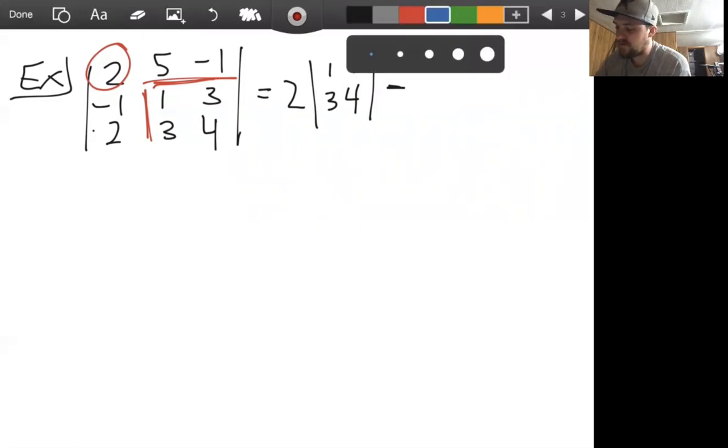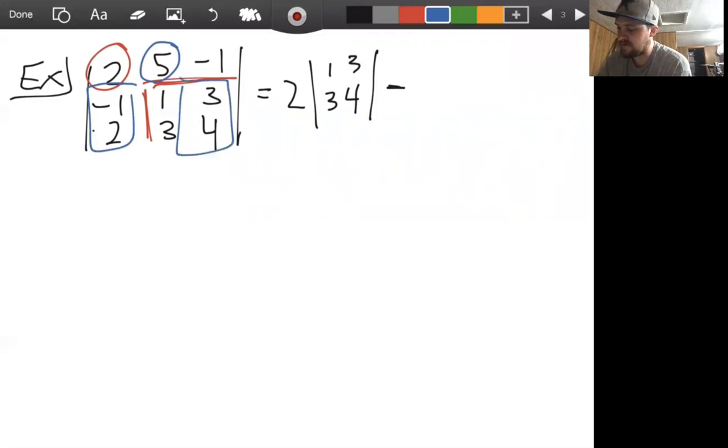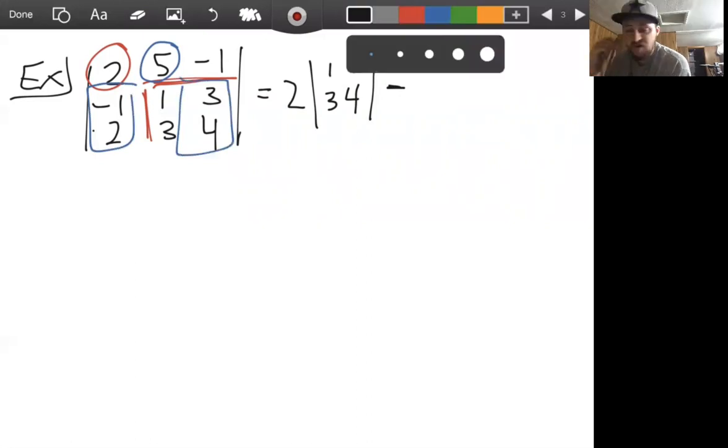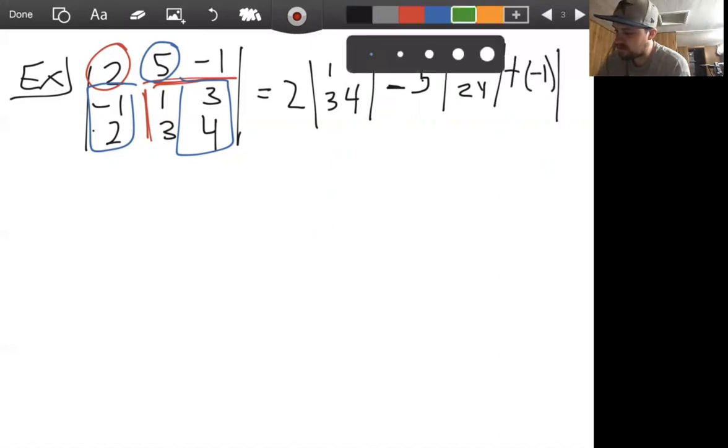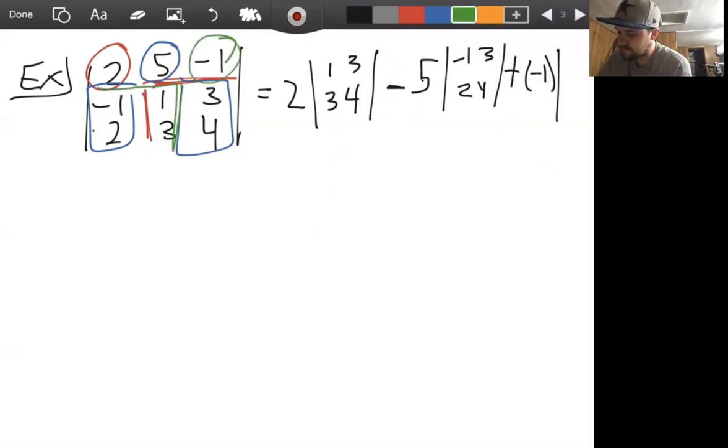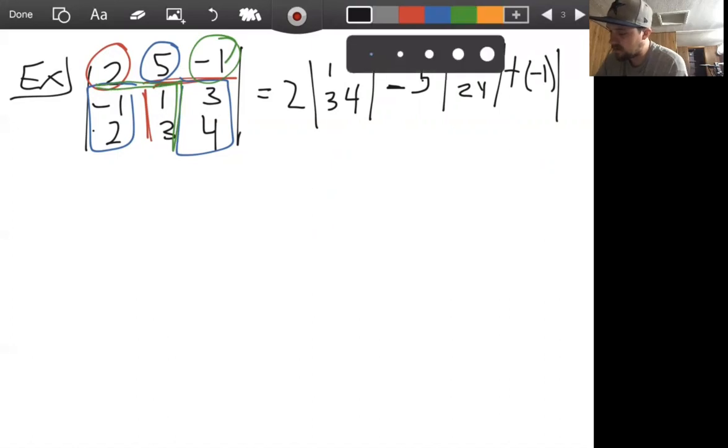And then we take 5 times the determinant of what's left when you delete the row and column that 5 belongs to. So this looks like we're going to have minus 5 times the determinant of negative 1, 3, 2, 4. And then plus, we're going to have negative 1. And then you can see by the same argument here, in green, we get times the determinant of negative 1, 1, 2, 3.